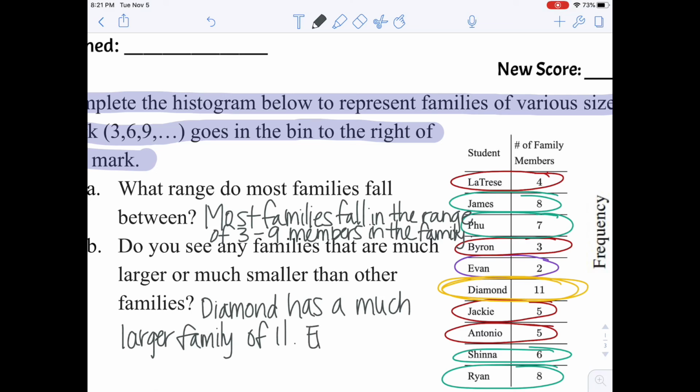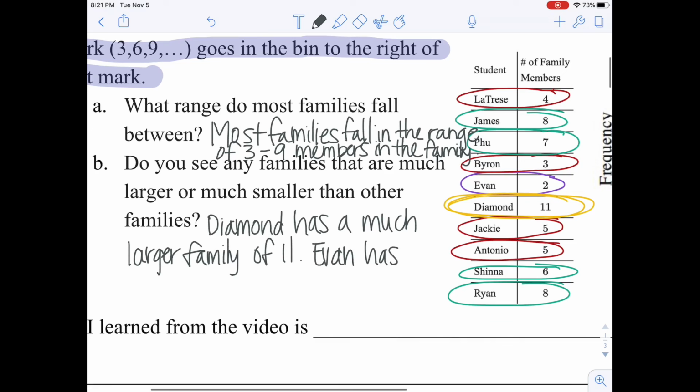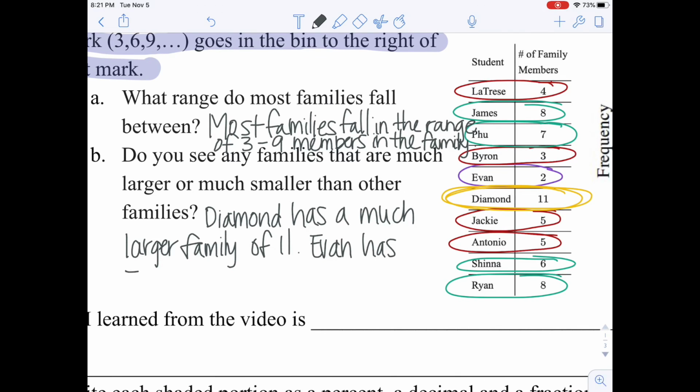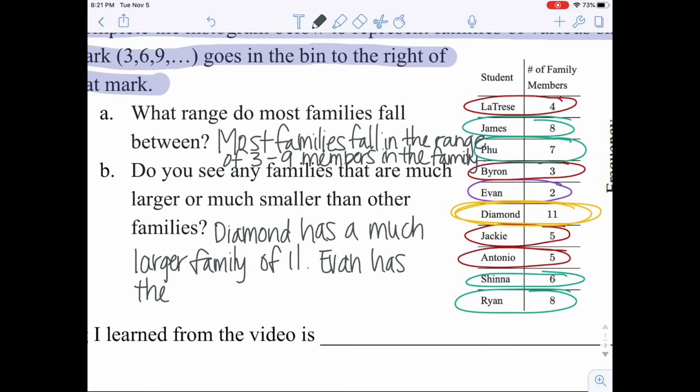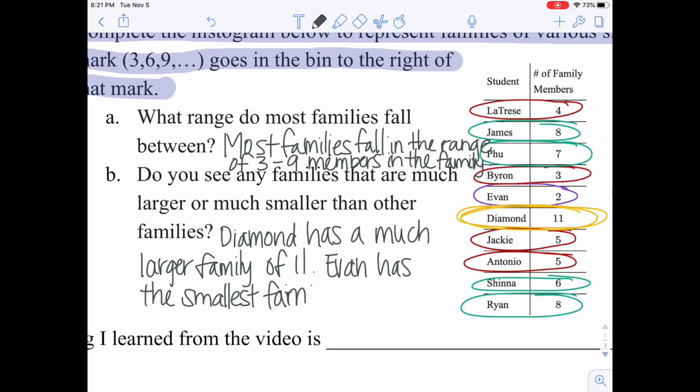And Evan has the smallest. I'm going to put smallest instead of much smaller. Smallest family. Oops, I misspelled family. There we go. Family of 2. And that's it for number 1.